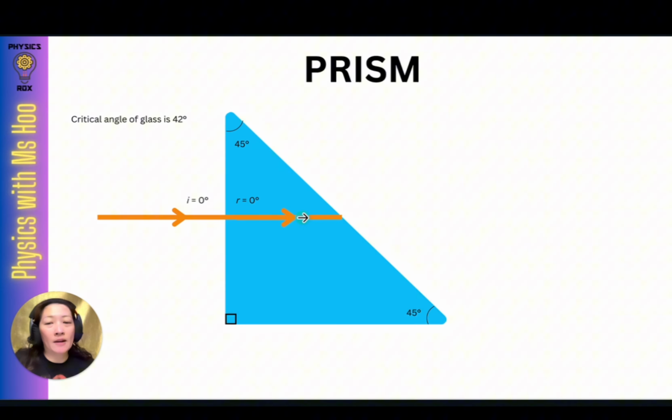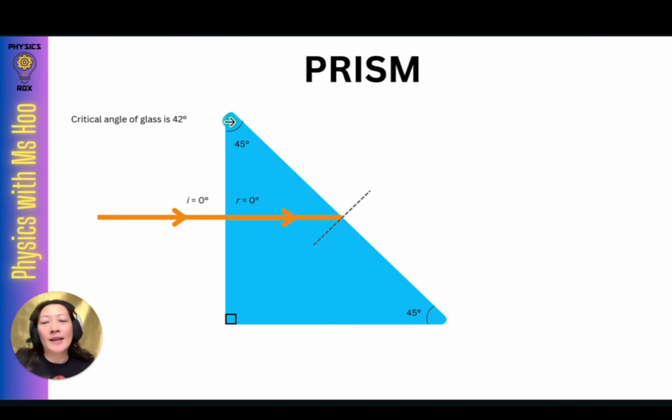As we can see now, the light ray is trying to exit the prism at an angle. How much is this angle? Well, to determine the angle, let's first draw the normal line. So remember, the normal line is a line that is perpendicular to the boundary at the point where the light ray has reached. To figure out the angle, it's actually all triangular math.